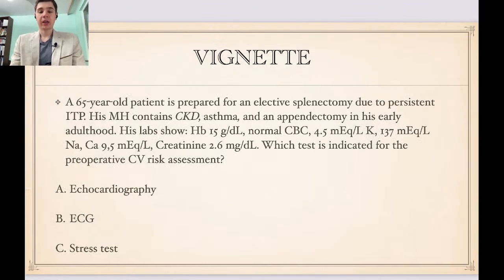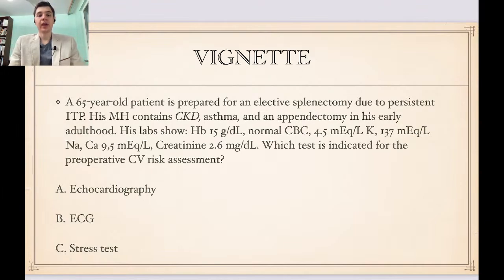Now let's go back and answer the question of why not A. So this patient has a history of asthma, CKD, and appendectomy. None of them are indicative of any risk factors for cardiovascular pre-op evaluation.